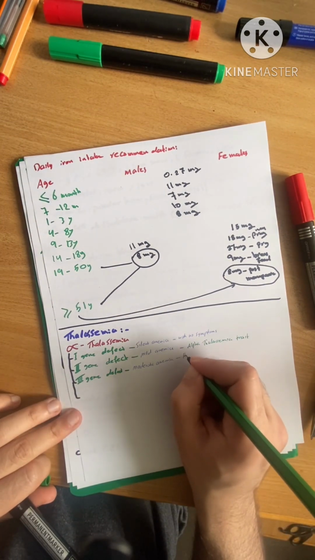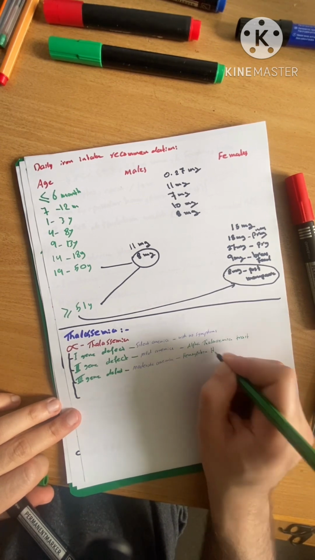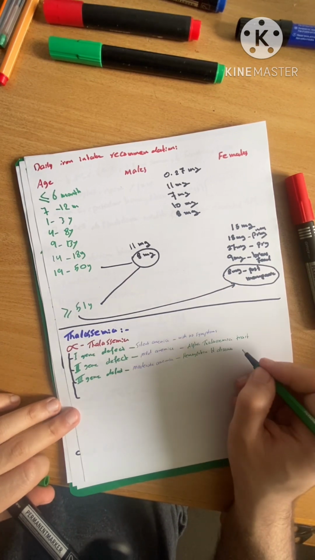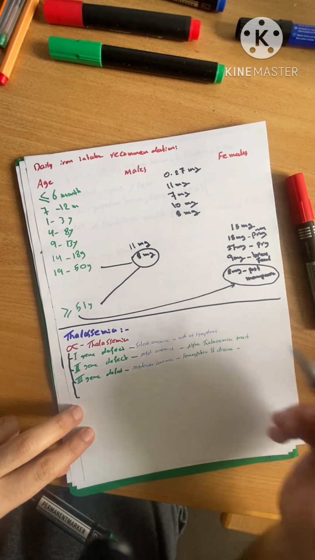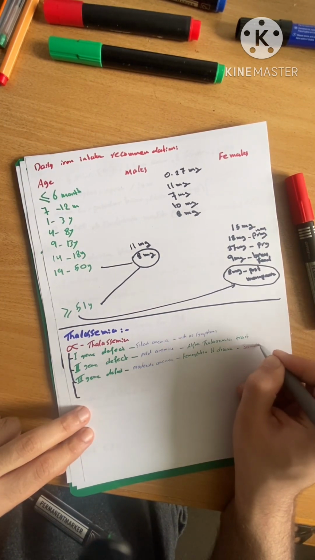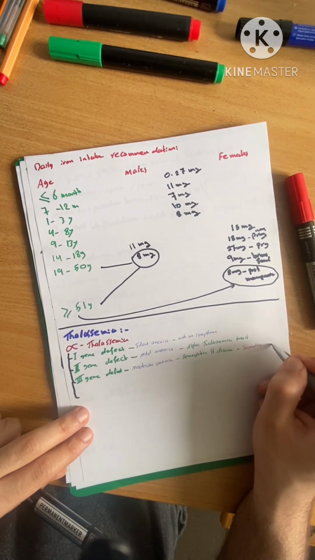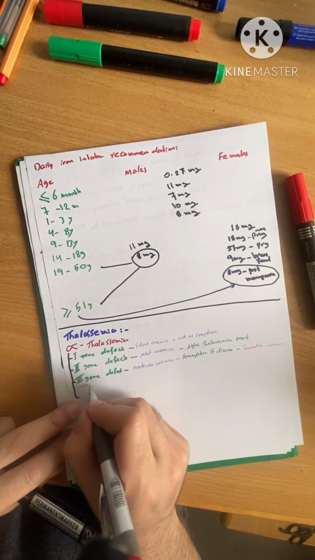It's also called hemoglobin H disease. Clinical features: we can see jaundice, anemia at birth, of course.